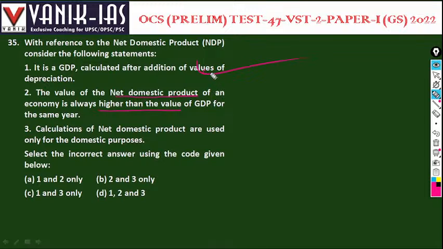Sorry, how is that possible? This is wrong. GDP will always be higher, right? No, it's not. Sorry, there is a little mistake.